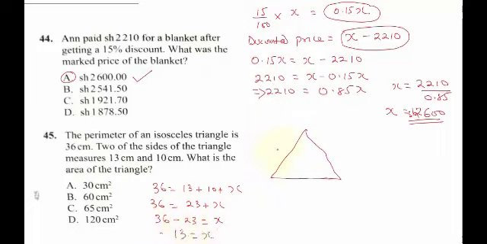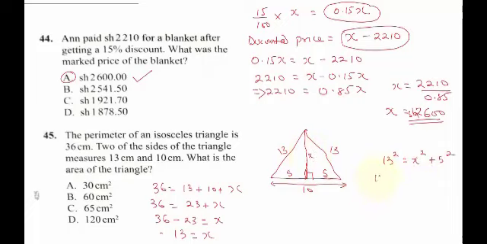So I believe it's going to be 13, and here it's going to be 10. Now remember, this 10 is from here to here. So we're going to divide this into 2, so this will be 5 and this will be 5. Now you can see we have a right angle triangle, so we can apply our Pythagoras theorem. 13 squared is equal to x squared plus 5 squared.